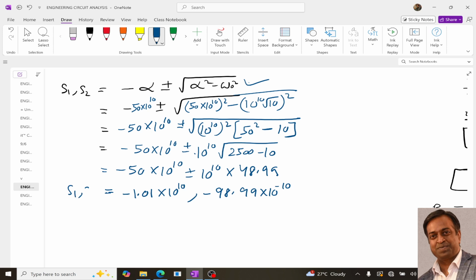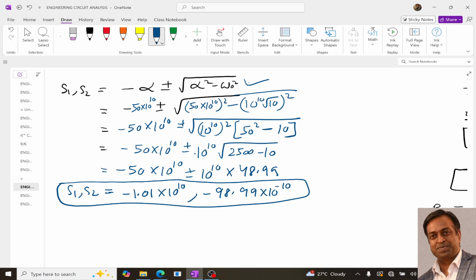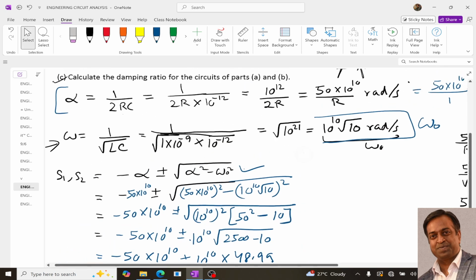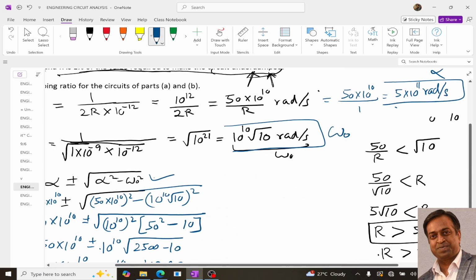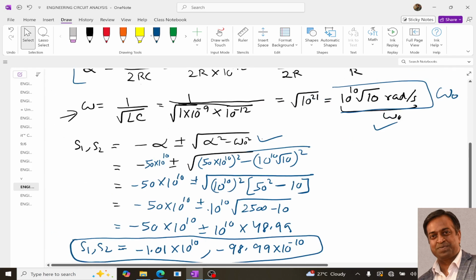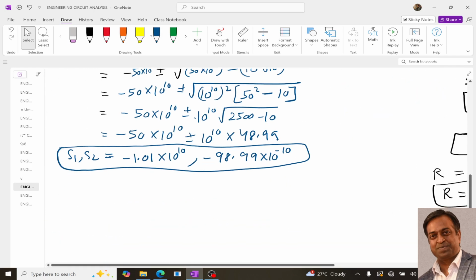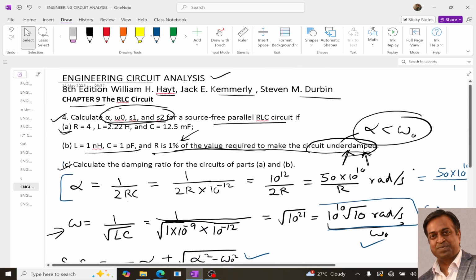So these will be S1 and S2. In this way, we got the values of alpha, omega naught, and S1 and S2. So this is the answer to the second part of the question.